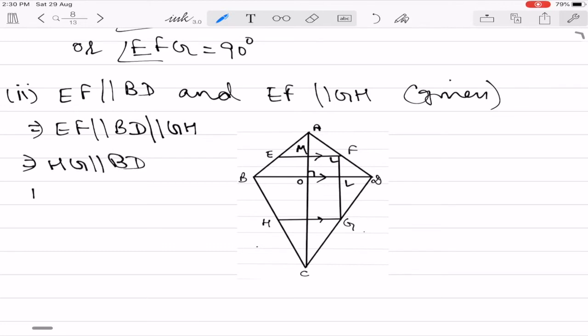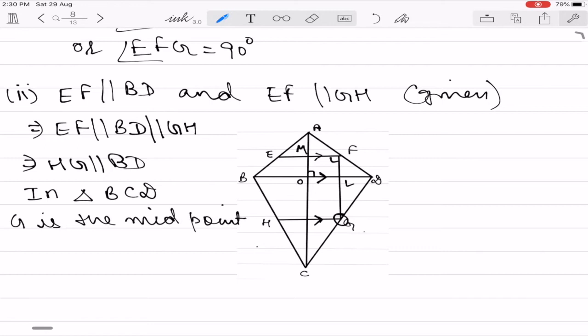Okay, now we will see another triangle, triangle BCD. In triangle BCD, G is the midpoint of CD and HG is parallel to BD. Therefore, when one point is the midpoint and the line joining that midpoint is parallel to another side, which theorem do we have to use?